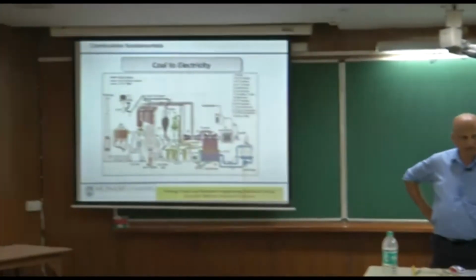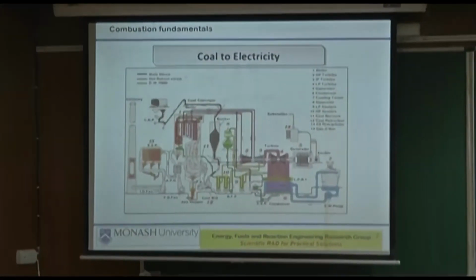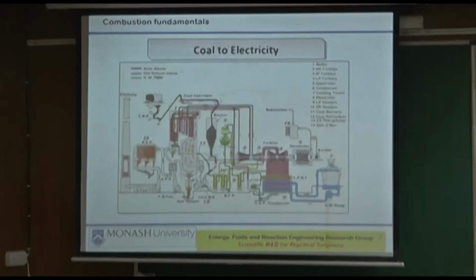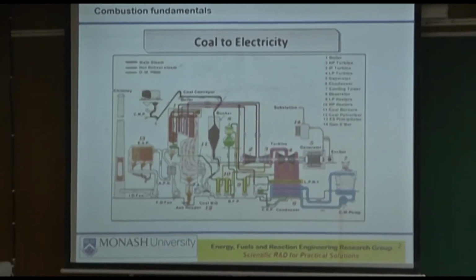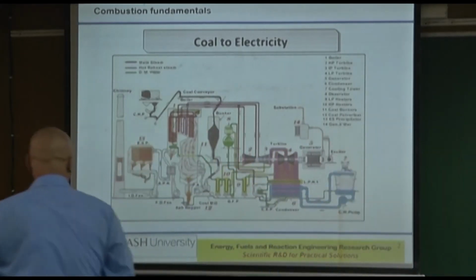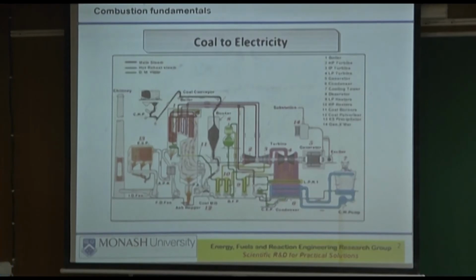Okay, most of you are familiar with power stations, coal-fired steam power plants, right? This is how it looks. For those who may not be, that's the boiler in here, the pulverized coal-fired boiler. And this is the dust separation, electrostatic precipitator, or the bag filter, whichever is the case.